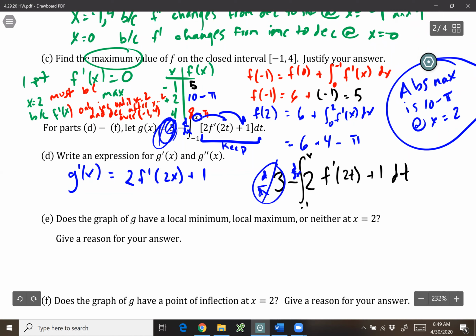The derivative of 3 is 0. The derivative of the integral, everything inside remains the exact same as it was. So you keep it the same, except that the t's you write as x's.